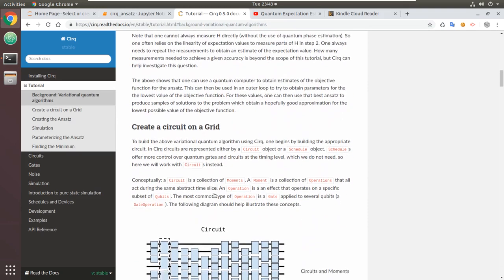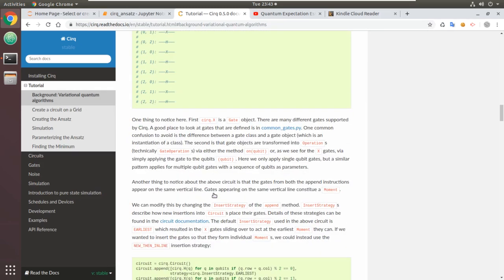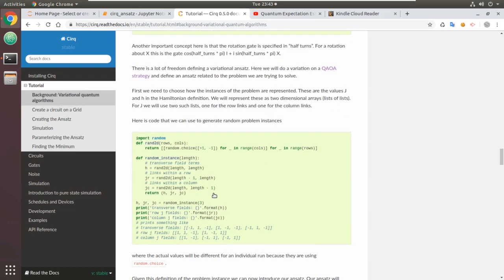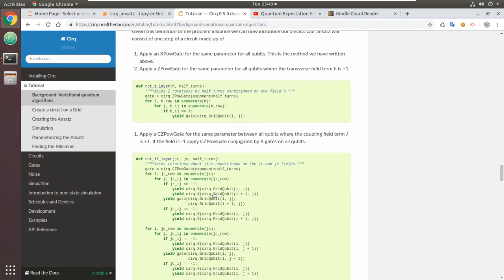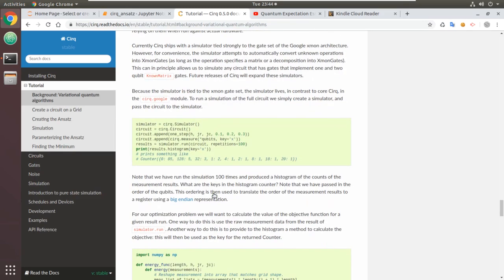Create a circuit on a grid. So I was going through and understanding the way Cirq works. And that's the circuit I ended up having. That's where I left off last time.